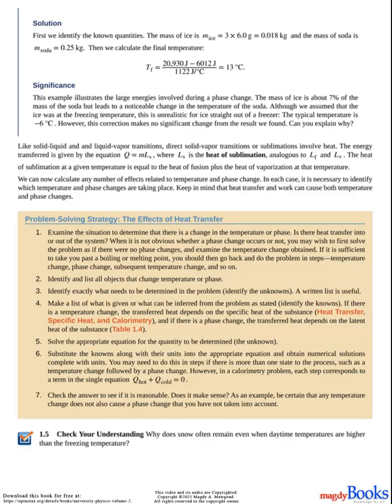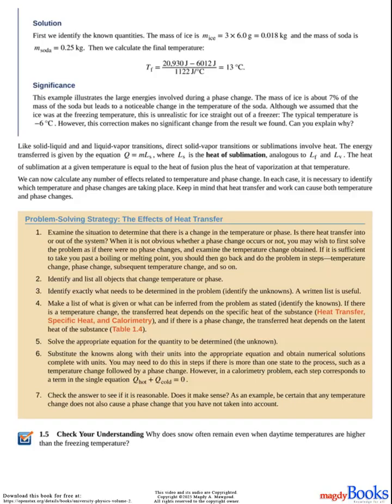The mass of ice is m_ice equals 3 multiplied by 6.0 gram equals 0.018 kilogram, and the mass of soda is m_soda equals 0.25 kilogram. Then we calculate the final temperature. T_F equals 20,930 joules minus 6,012 joules, divided by 1,122 joules per degree Celsius, equals 13 degrees Celsius.